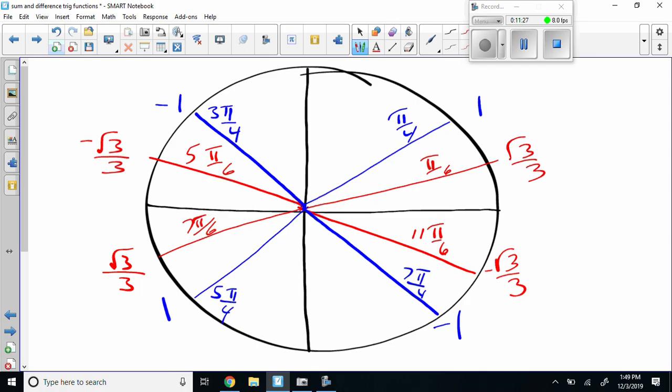Okay. Now, what's the only one that we have not calculated yet? Over 3. It's denominator of 3, right? So, ladies and gentlemen, pi over 3. What would pi over 3's tangent be?